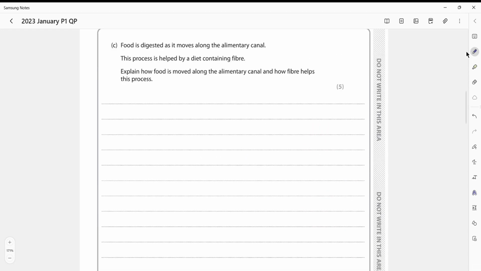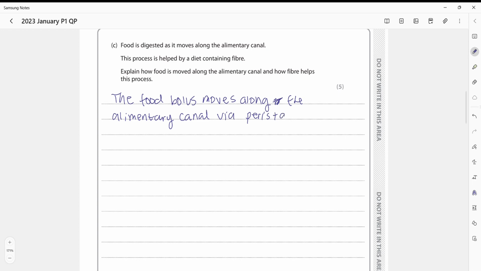Okay, so the food bolus moves along the alimentary canal via peristalsis.